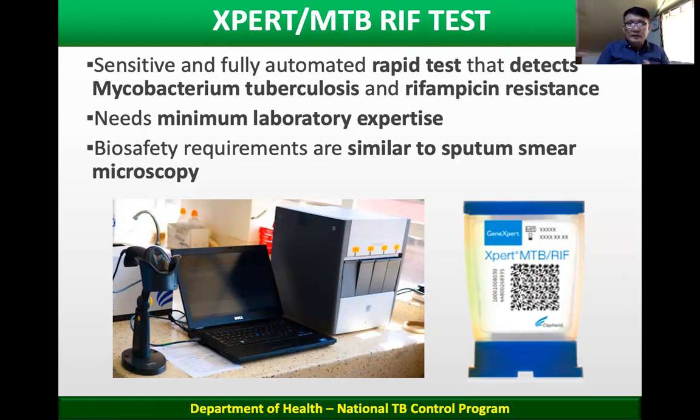And what is good in this kind of method is that it needs minimum laboratory expertise. Training on the GeneXpert MTB-RIF assay is only 3 days, okay? As compared to direct sputum smear microscopy, where we need at least more or less 5 days.